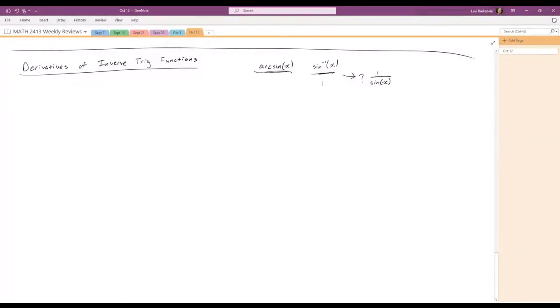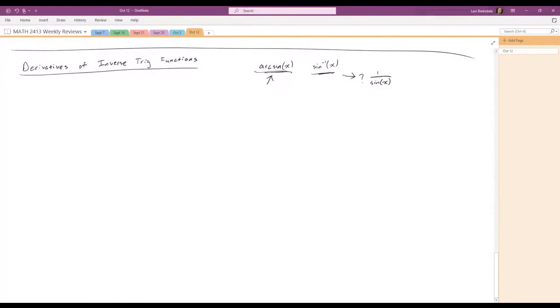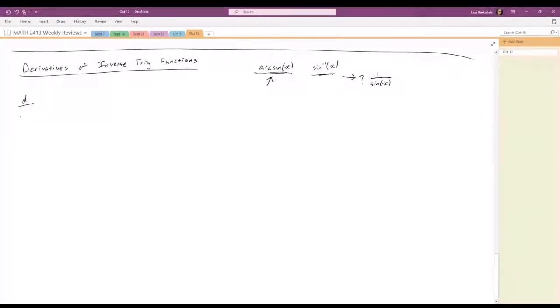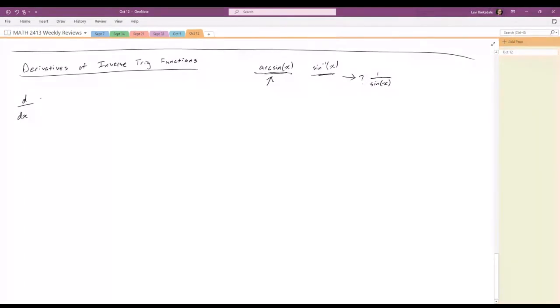So this notation always confuses me, so I will avoid it whenever possible. I will always use the arc sine. But just to be aware, sometimes you will see sine to the -1, which means sine inverse, arc sine. So just be aware of that.